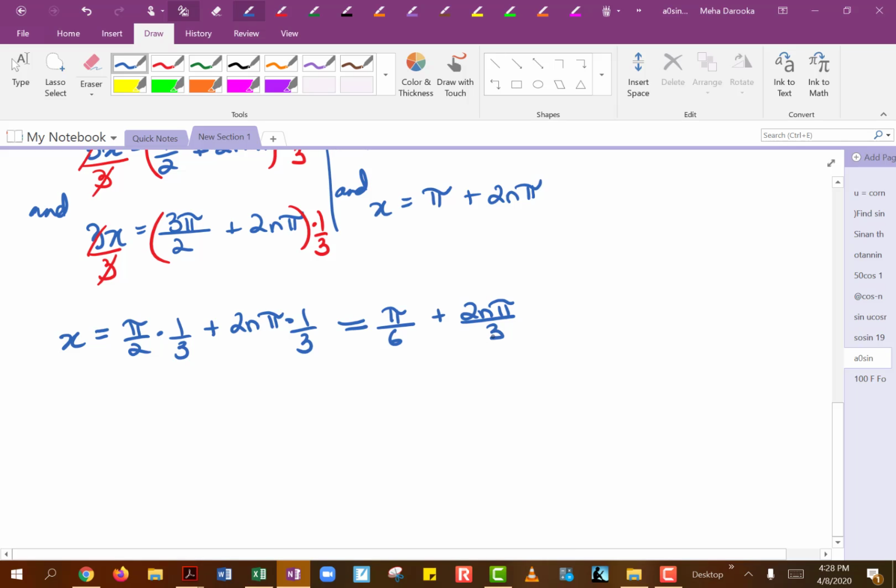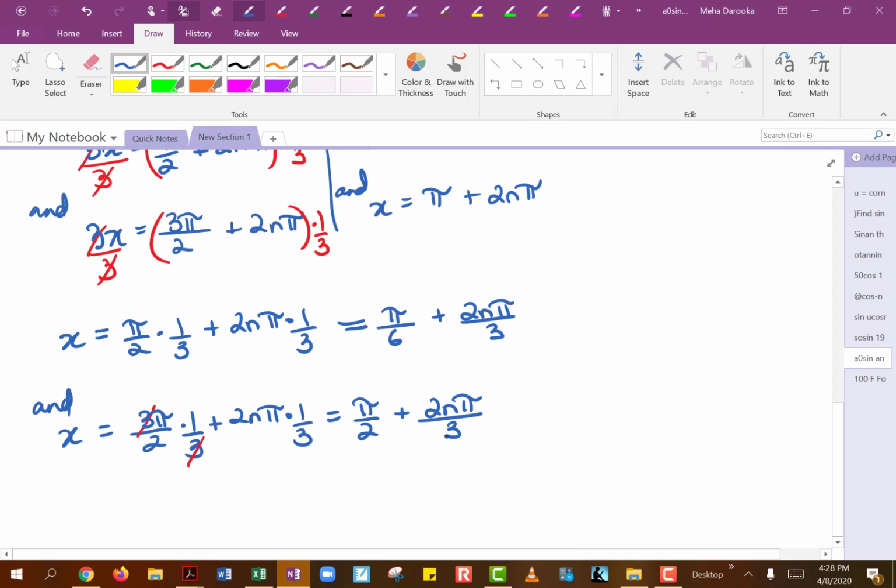For the second one, x equals 3 pi halves times 1/3 plus 2n pi times 1/3. The 3 and 3 can cancel each other out, giving us pi halves on this side and then plus 2n pi over 3 on the other side.